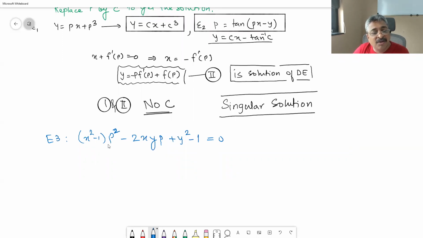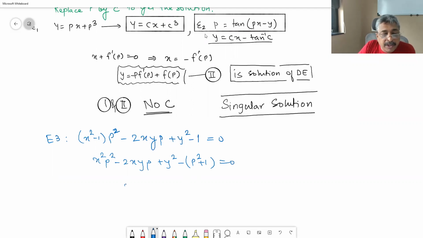There is a correction. Instead of p, it is p square. X square p square minus 2xy p plus y square minus p square plus 1 is equal to 0. This makes it (xp minus y) whole square is equal to p square plus 1.